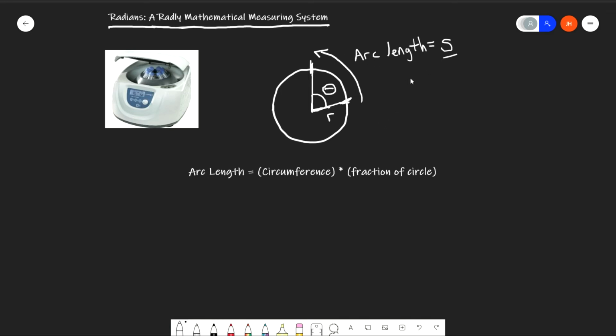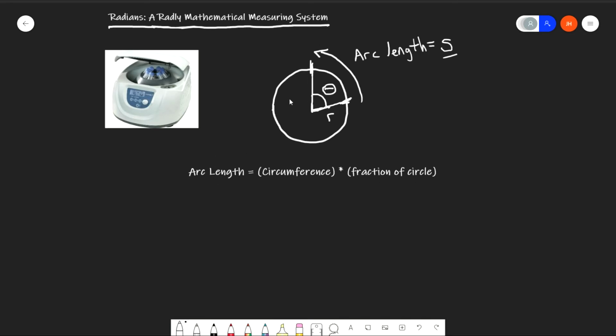Now, it turns out that the formula for calculating arc length isn't too hard to think of. If you really think about it, arc length is just a fraction of the circle, right? So if I know how big the circle circumference is, and I know what fraction of the circle I have here based on my angle, then I can calculate arc length.